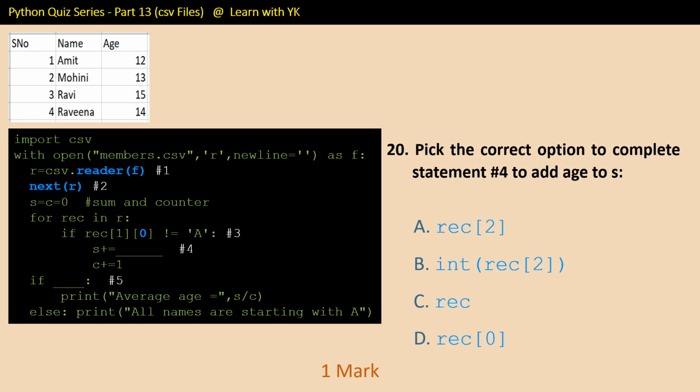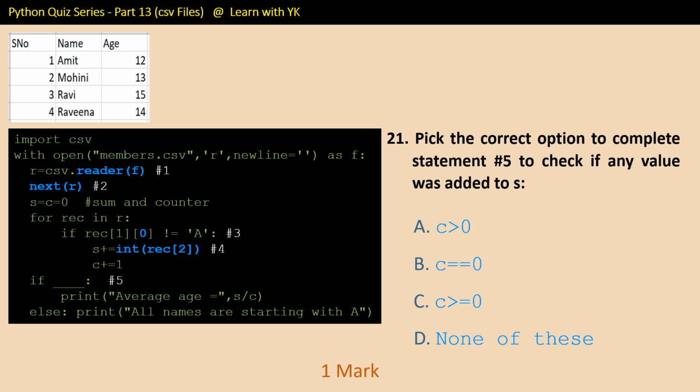Pick the correct option to complete statement number 4 to add age to S. And the correct option is option B. Question number 21. Pick the correct option to complete statement number 5 to check if any value was added to S. And the correct option is option A.